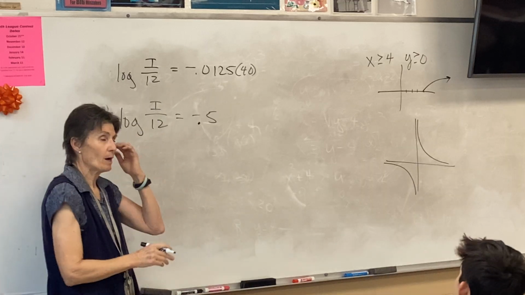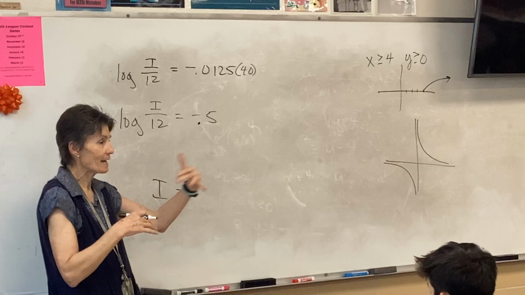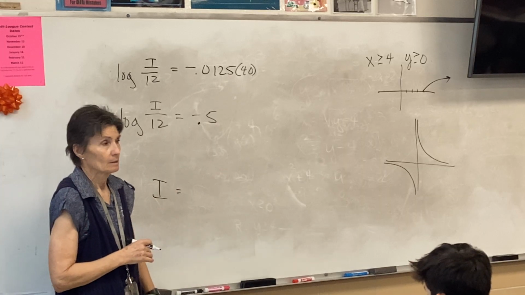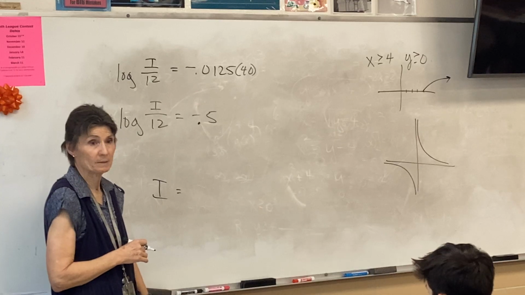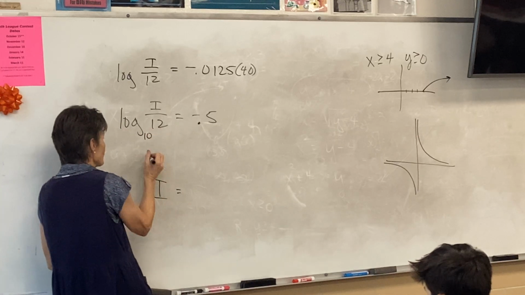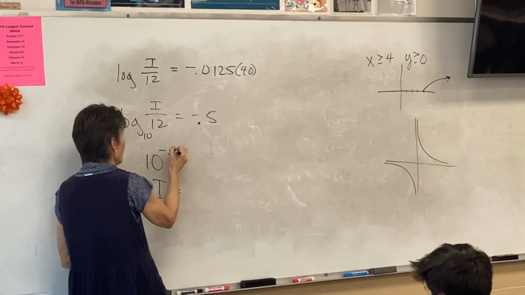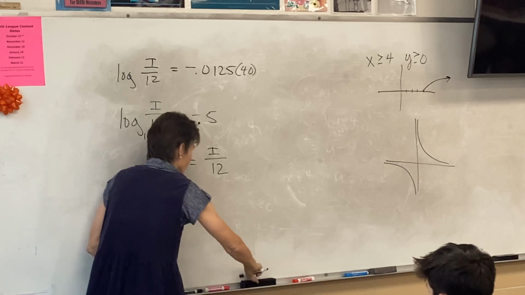All right, now remember, I'm looking for I. I eventually want to have I equals. Can I loop-de-loo? I absolutely can loop-de-loo. What is my base here? 10. So 10 to the negative 0.5 equals I over 12.